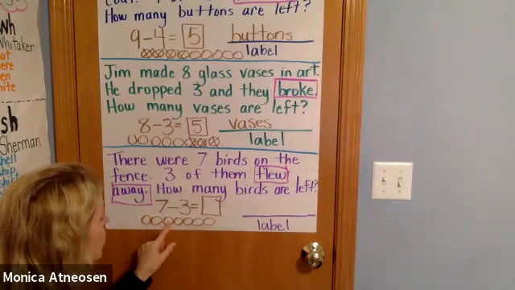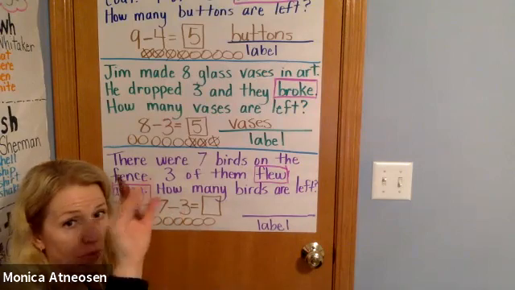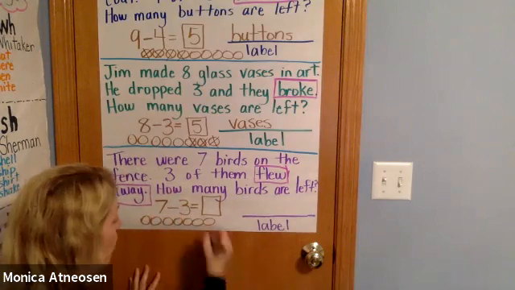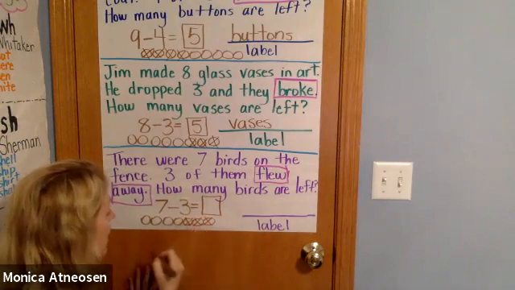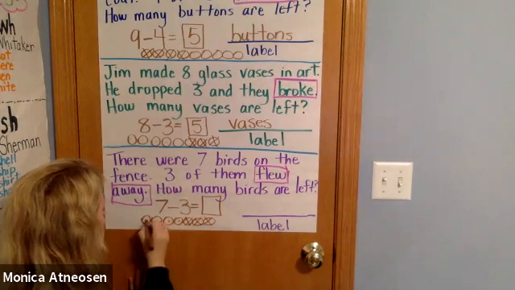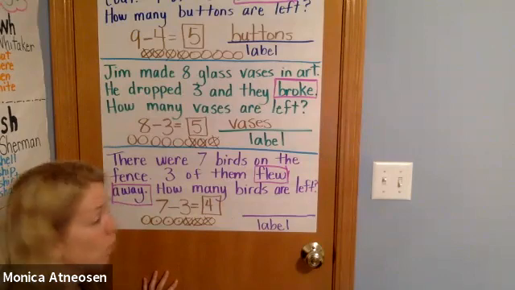There they are, 1, 2, 3, 4, 5, 6, 7, minus 3. 3 are going bye-bye. I pick 3 right next to each other. 1, 2, 3. I touch and count what is left. 1, 2, 3, 4. And I find my answer is 4.